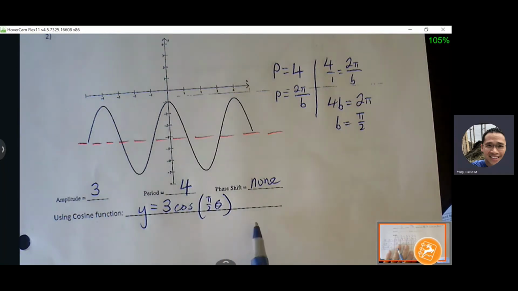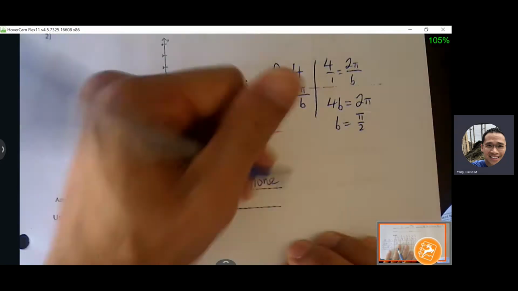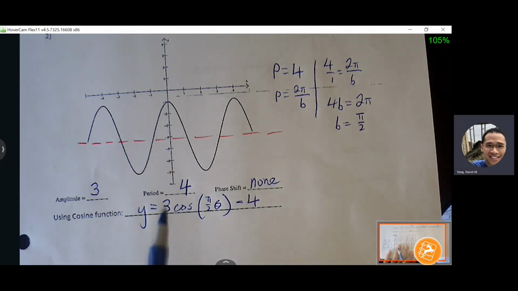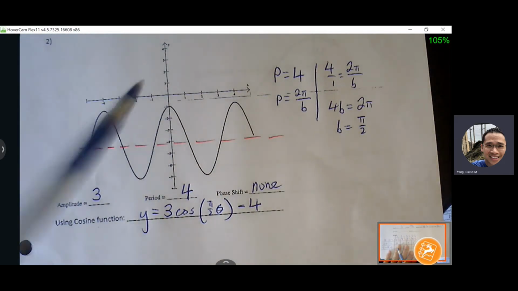And something else that I'm missing here: what's my d value? We can carry a lot of this information to number 1: same amplitude, same period.